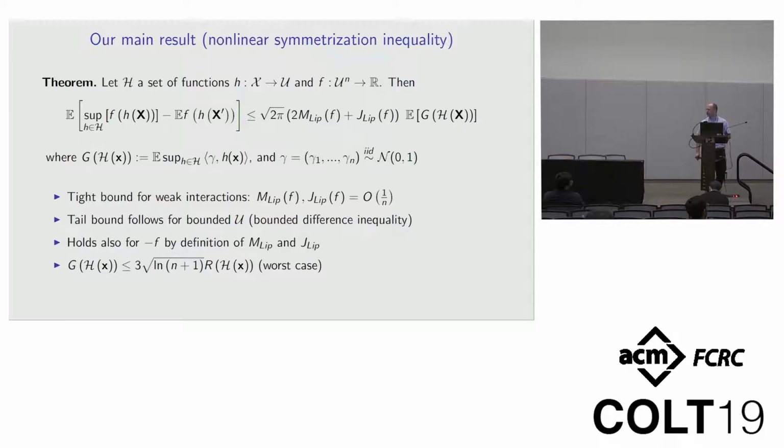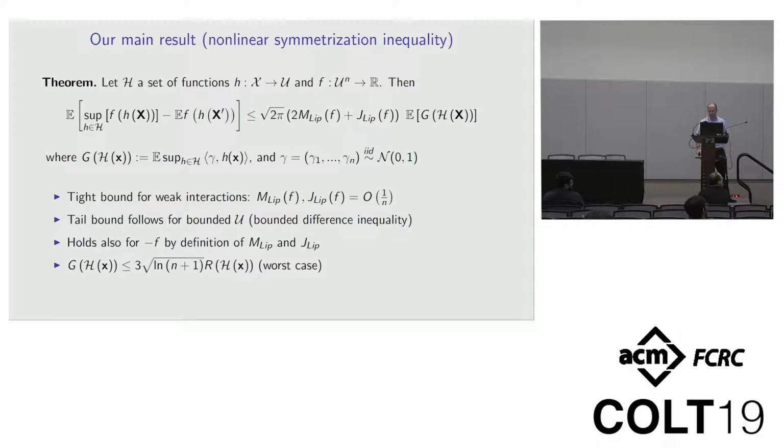In particular, for the sample average, as I just said, the first order is 2 over n and the second is 0, and so we essentially recover the standard results for the Gaussian average up to a constant factor of 2.